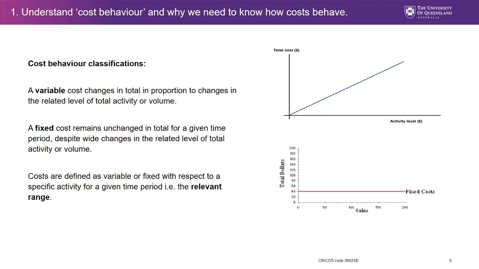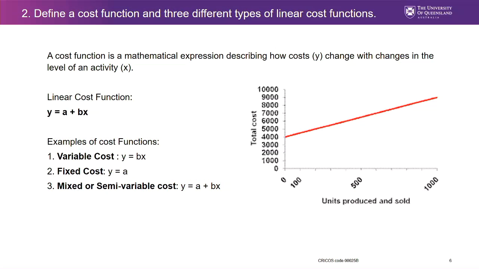All good? Okay, so we can describe costs as a linear equation. So in this case, y is our total costs, a is our fixed portion, bx is our variable portion. So this bx represents the slope of this line. B is the slope, x is the units of activity.